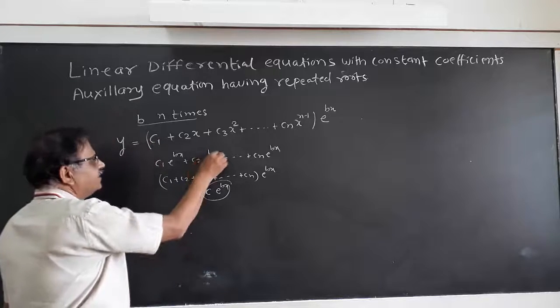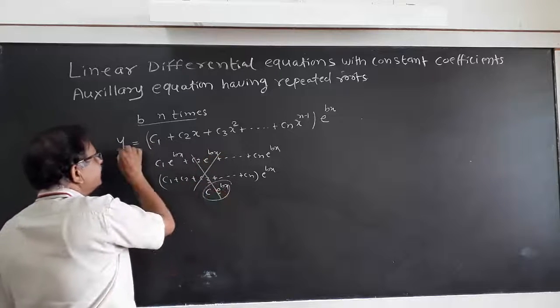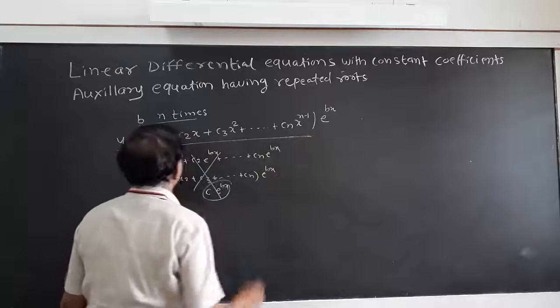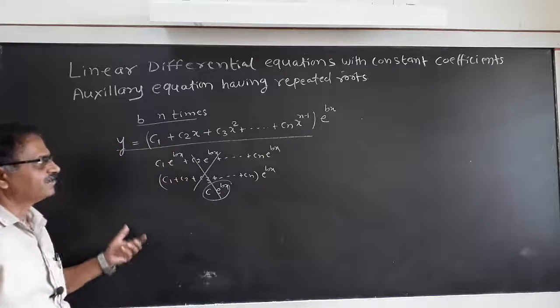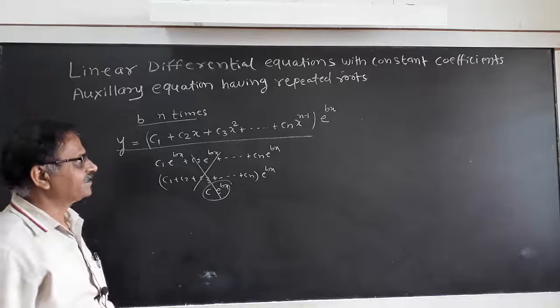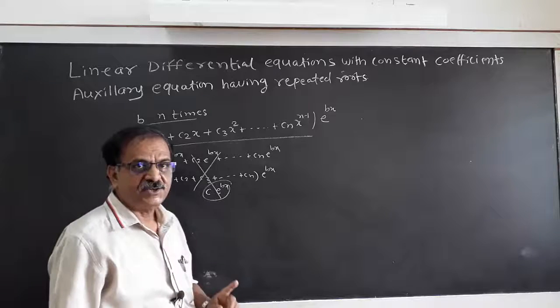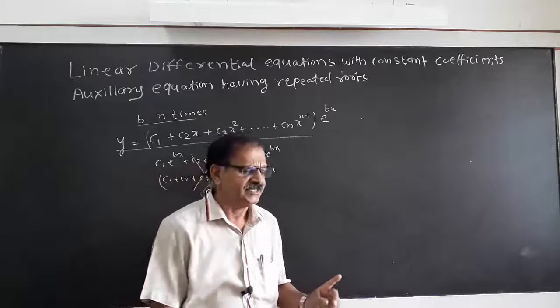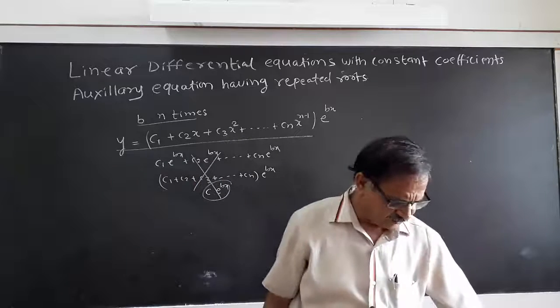That's why we shall write the general solution as c1 plus c2x plus c3x square plus cn x raised to n minus 1, times e raised to bx, if b is a repeated root n times of the auxiliary equation. Now let us solve the problem.